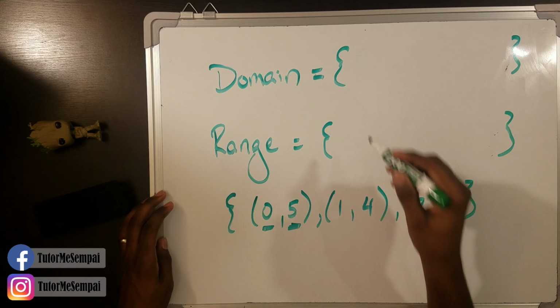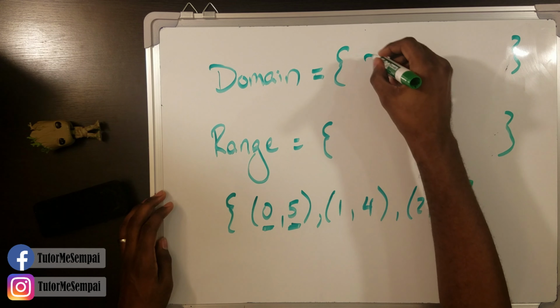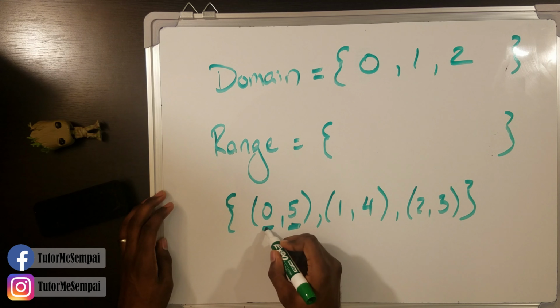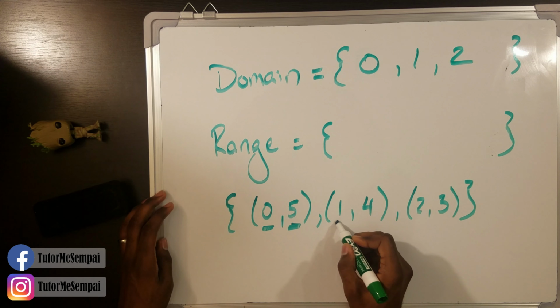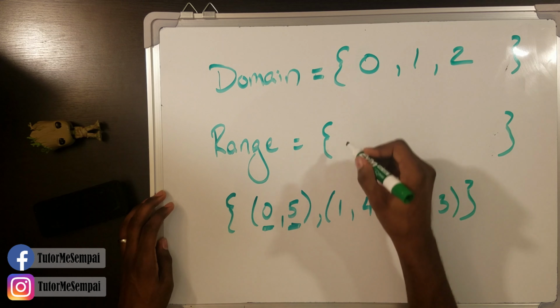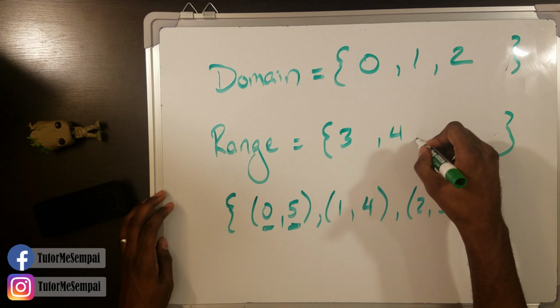So if we were to put the domain for these ordered pairs right here, we would end up getting 0, 1, 2, because 0 is the X here, 1 is the X here, and 2 is the X here. The range will be all possible Y's, so we will get 3, 4, 5.